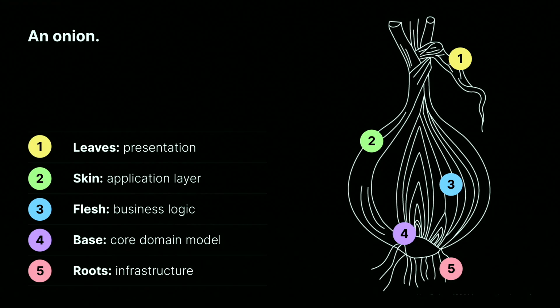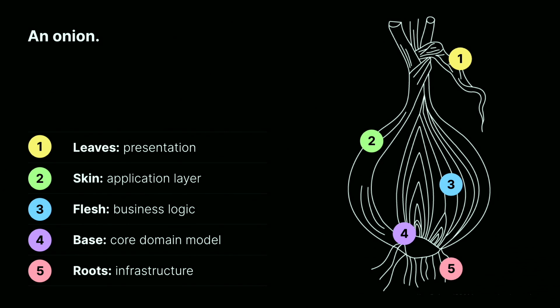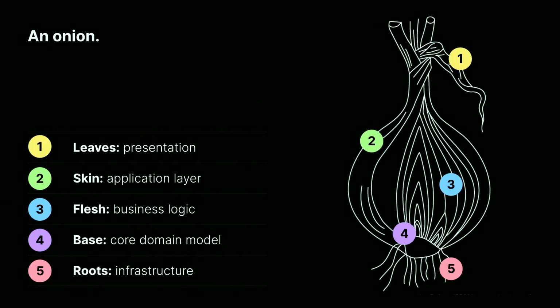To elaborate on that, this is an onion, okay? There are various parts of the onion. At the top, you can see the leaves and flowers. It's kind of cut off in my nice anatomical diagram, but you get the point. We have the outer skin. We consider that to be our application layer.